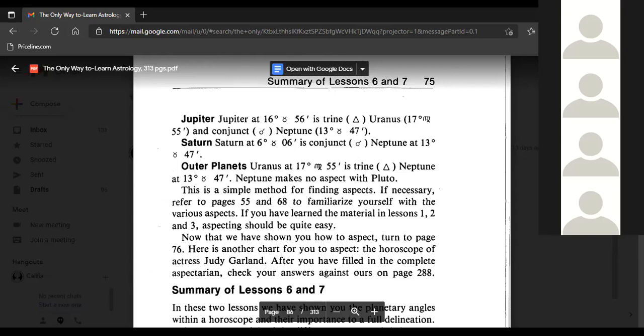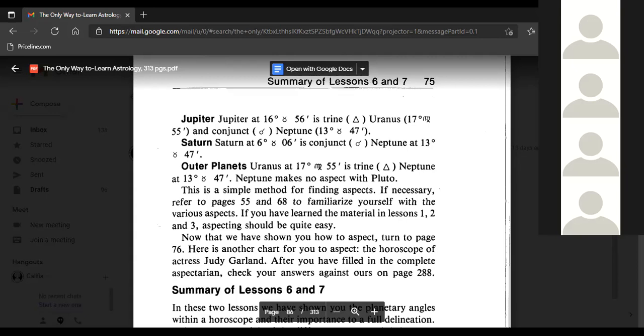Saturn at 6 degrees Taurus, 6 seconds is conjunct with Neptune at 13 degrees Taurus, 47 seconds. Outer planets: Uranus at 17 degrees Virgo, 55 seconds is trine Neptune at 13 degrees Taurus, 47 seconds. Neptune makes no aspect with Pluto.